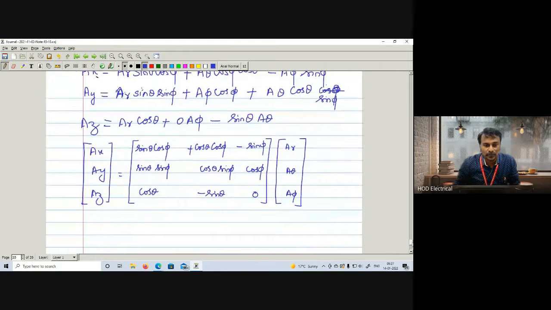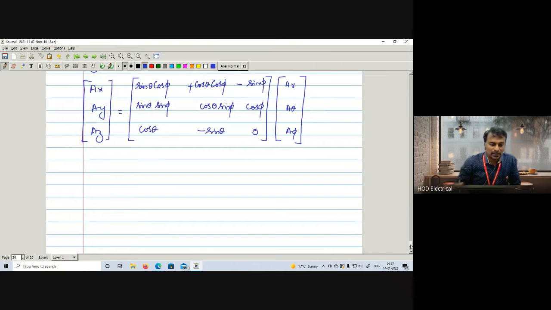This is the value. Now, this is the Cartesian coordinate, this is the spherical coordinate. If you want to go from spherical to Cartesian, this matrix is called spherical to Cartesian. Then this matrix AR, A theta, A phi equals, as I already told you, this is an orthogonal matrix, therefore the inverse is equal to the transpose.